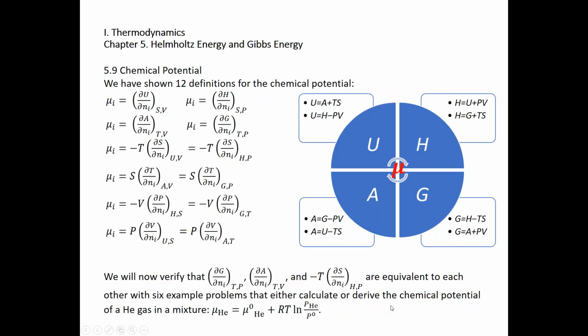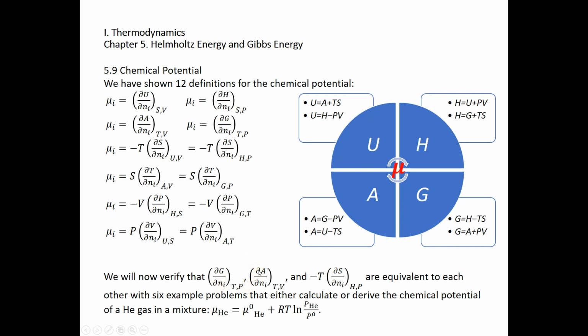Now let's quickly review the various definitions of chemical potential. We introduced 12 of them, but many are less commonly used. We will only verify these three definitions are equivalent to each other. We will see the chemical potential is equal to delta G over delta N under constant TP condition.